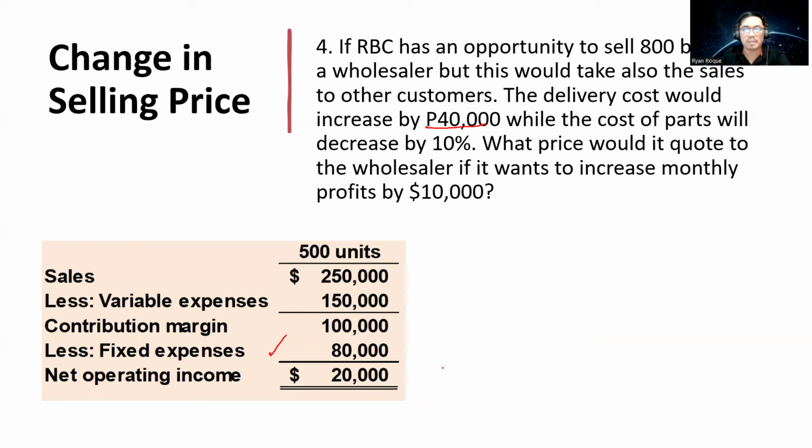Okay, so this time, let us reflect the changes that were mentioned in the problem. So the new profit will now become 30,000. But what would be your fixed expenses now? So it says here that the delivery cost would increase by 40,000. So this now is 120,000.